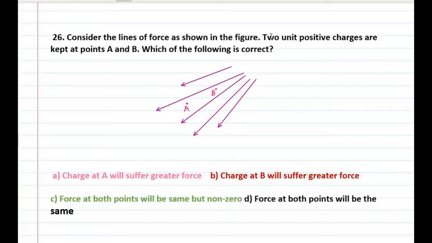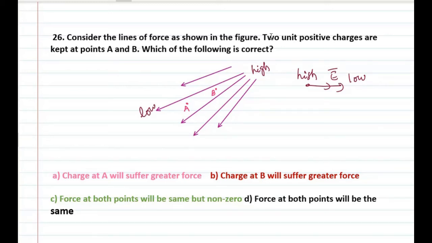No. Here the electric field lines are starting at this point, which means it has a high potential. Electric field lines move from high potential to low potential, high to low. So the potential here will be high and the potential here will be low. Charge at A will suffer greater force?